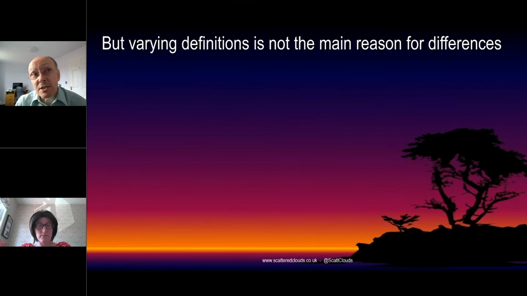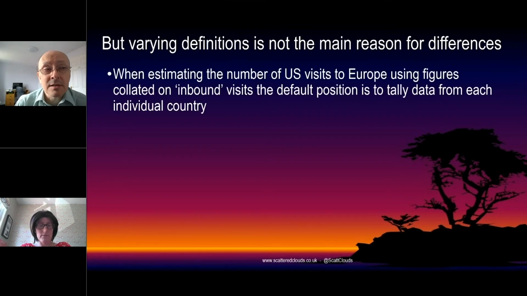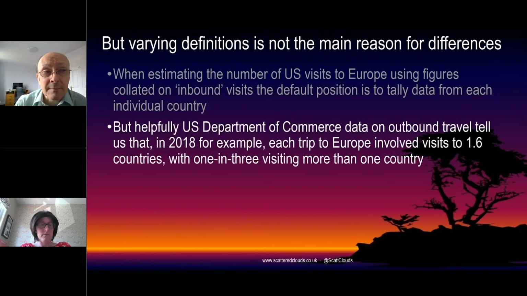But varying definitions is not actually the main reason for our competing numbers in this regard. When estimating the number of US visits to Europe using figures collated on inbound visits, the default position is to tally data from each individual country.